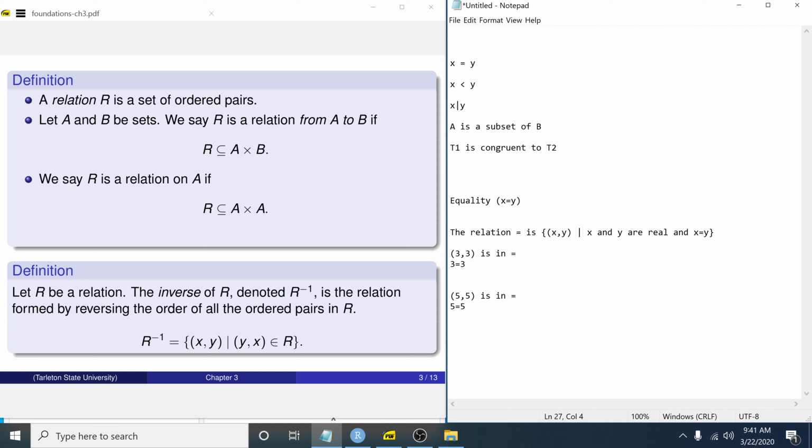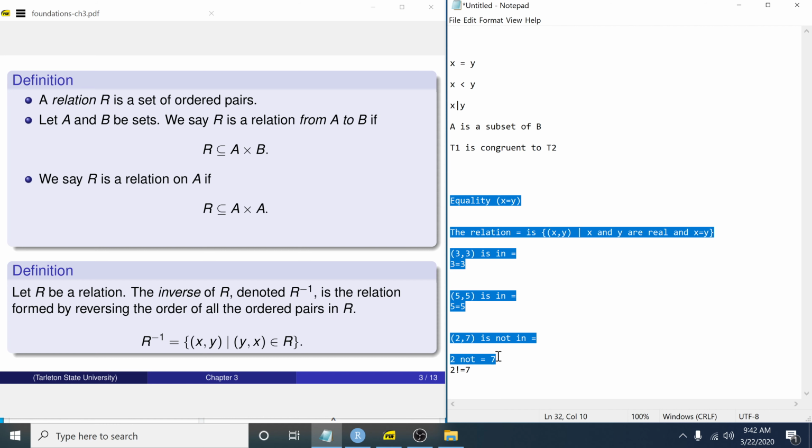And we could say that, for example, 2 comma 7 is not in the relation equality, and therefore 2 is not equal to 7, right? Or maybe we could write it like this, like we do in computer science. So the relation of equality actually is a set of ordered pairs, and it works very fluidly with the setup that we've already shown here.